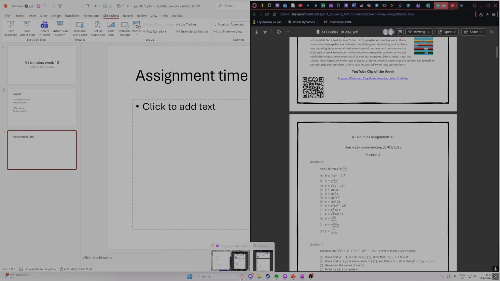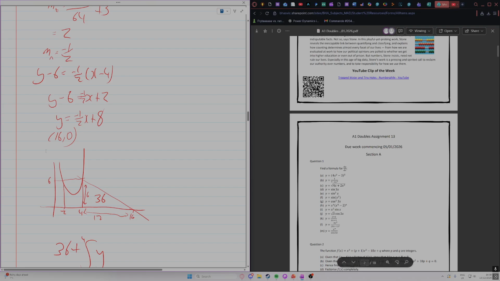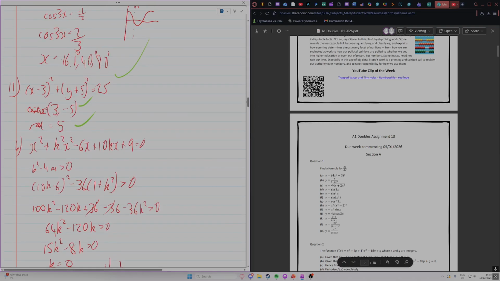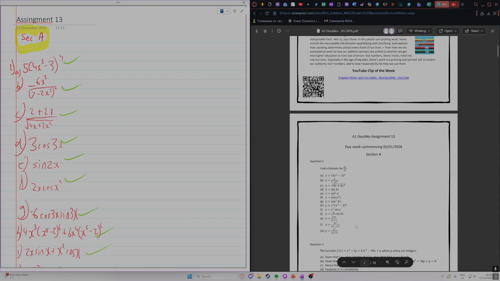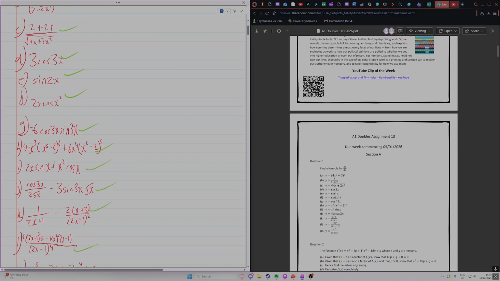Let's go back to question 1. We have some differentiation here. They're actually introducing some of the new stuff into the assignments for once. So I'm just going to go through what you have to use for each. This is chain rule, this is more chain rule, chain rule, chain rule, chain rule.